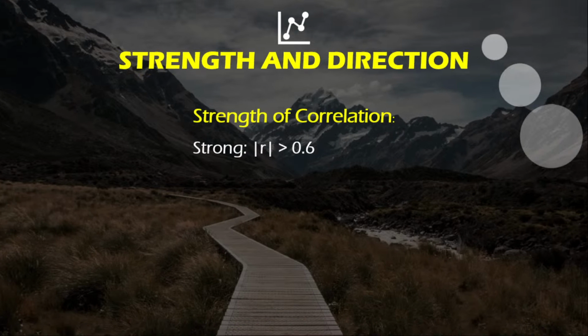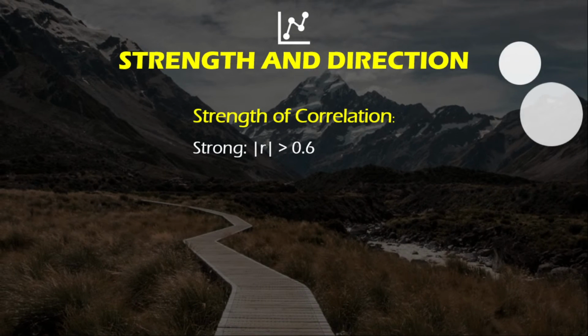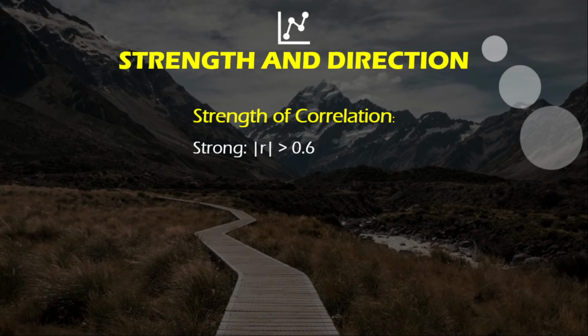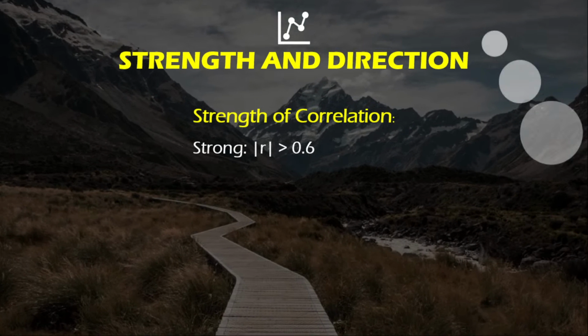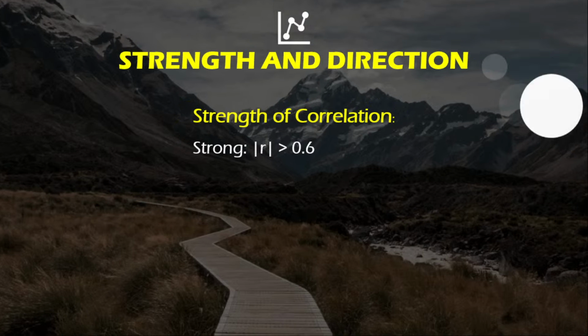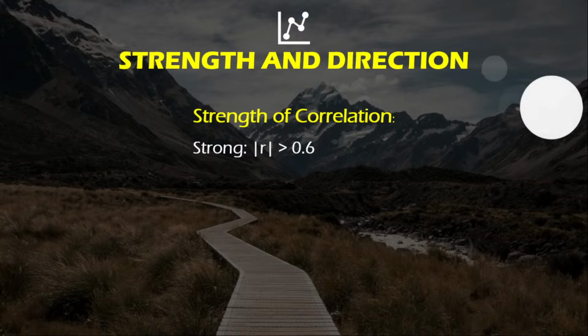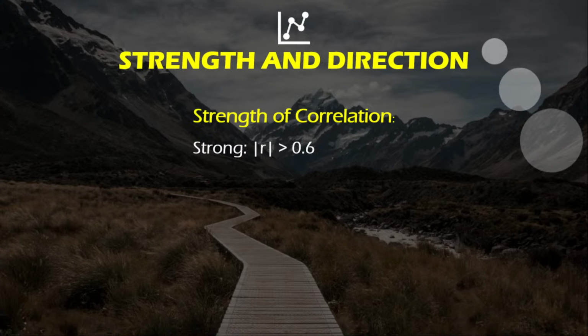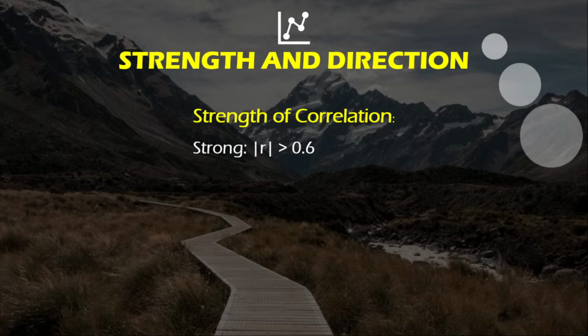Once a value is in the absolute sign, the output must be positive. Remember in correlation coefficient, we said the negative sign is what shows direction. So the strength must be positive.